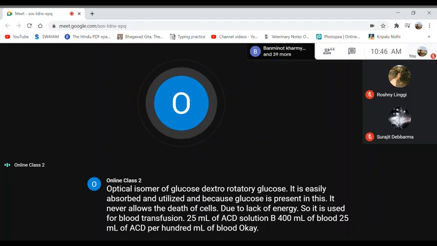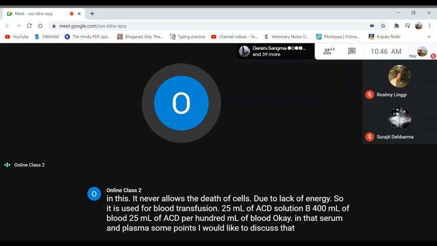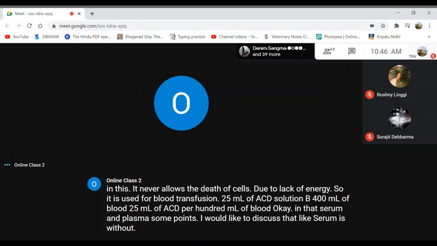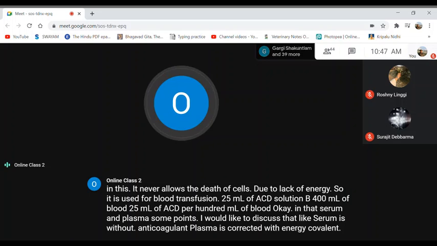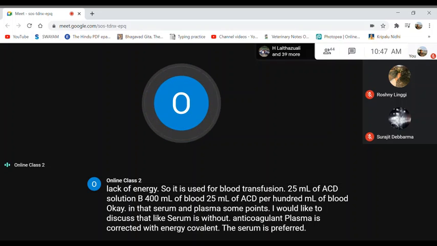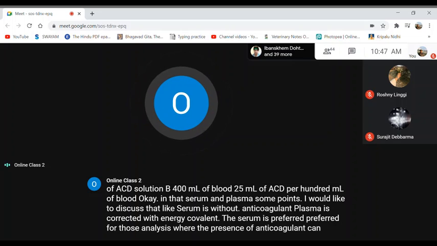In serum and plasma, some points I would like to discuss. Serum is without anticoagulant. Plasma is collected with anticoagulant. Now serum is preferred for those analyses where the presence of anticoagulant can interfere with the estimations.